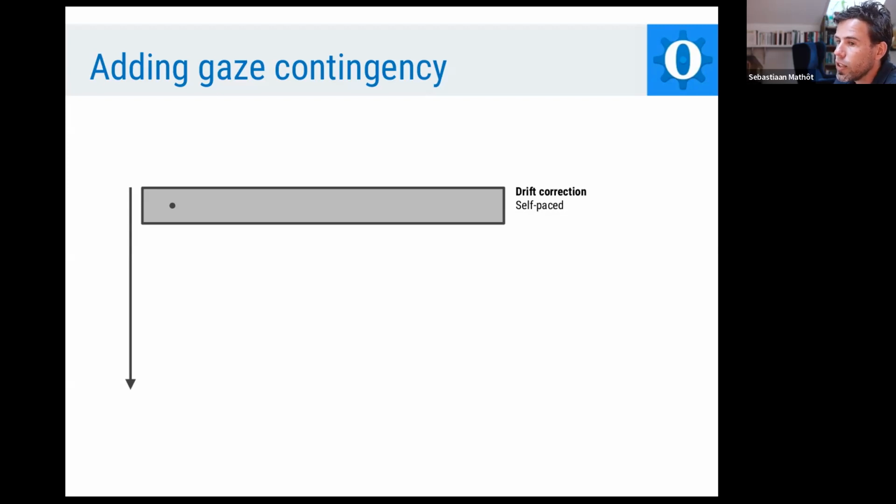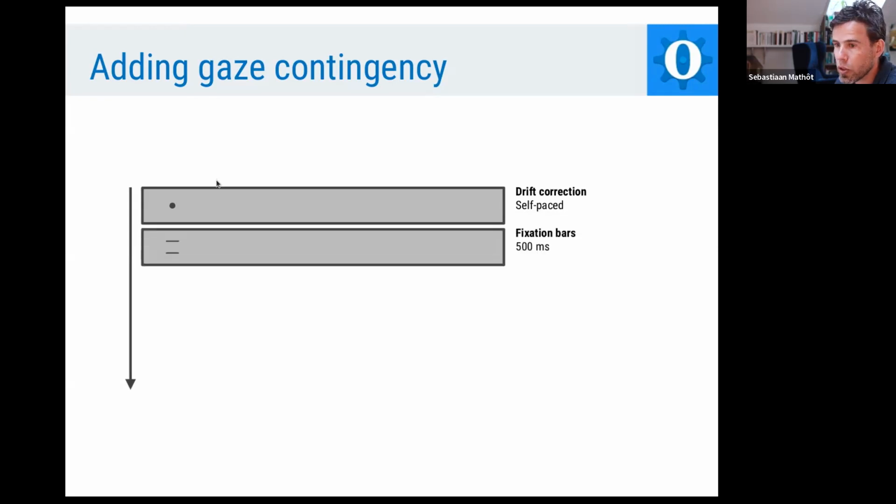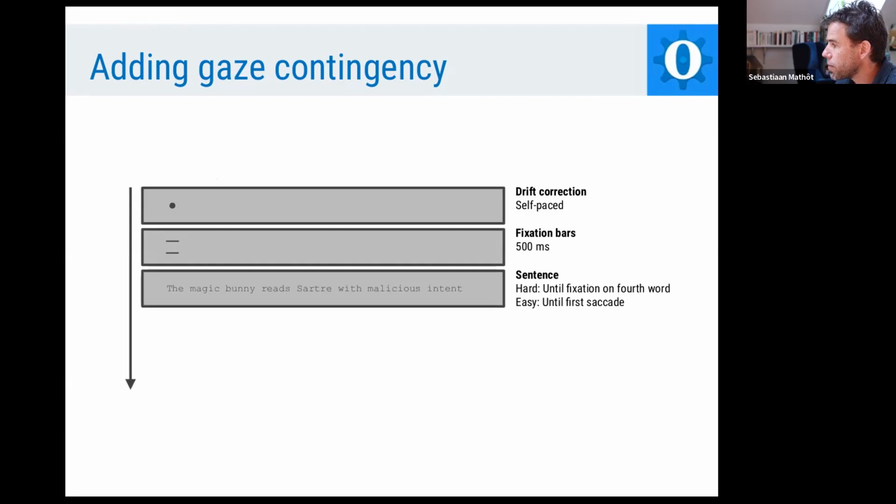And what I wanted to suggest, actually, I explained it a little bit poorly in the beginning, is to implement something called a boundary paradigm. And it goes like this. You start in the same way as we did before. So we have a drift correction, and then some fixation bars at the top, and then we present the sentence.